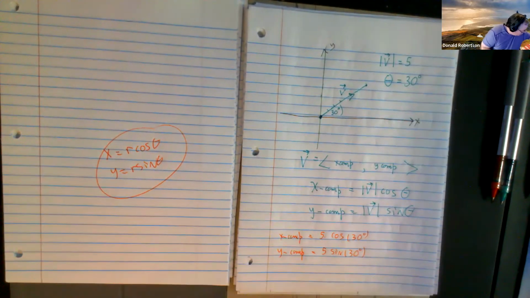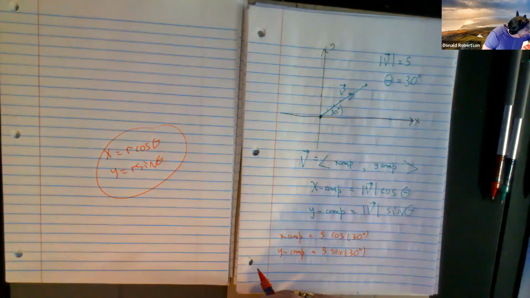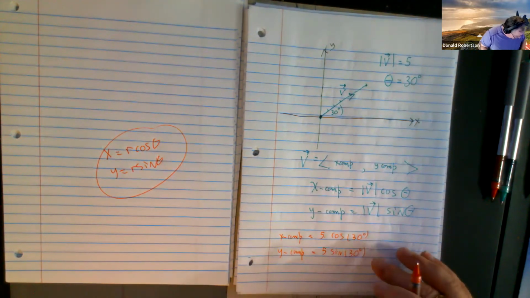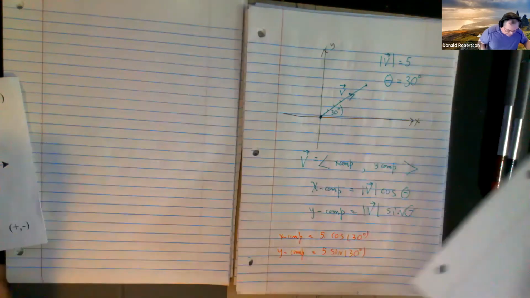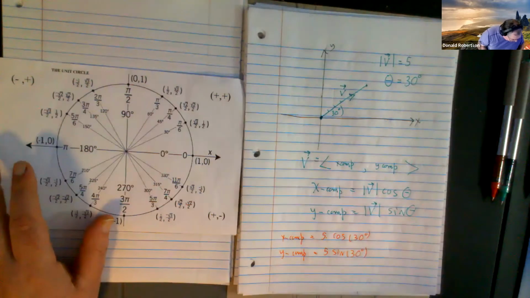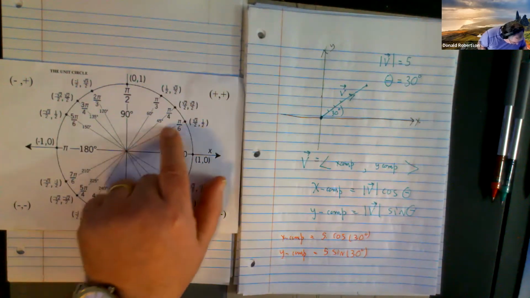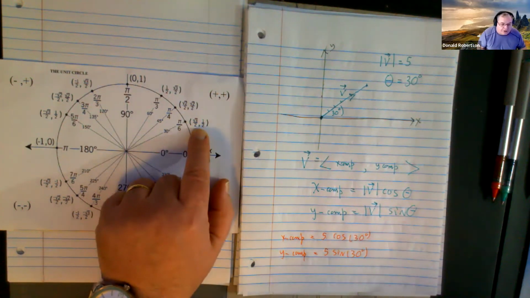And we will work on the assumption, and it's a good assumption to work on, that if they don't say to 2 decimal places, that means they want exact values, which means you're going to have to use this guy. If you find 30 degrees, it's this angle here. Which one of these two numbers then is the cosine of 30 degrees?